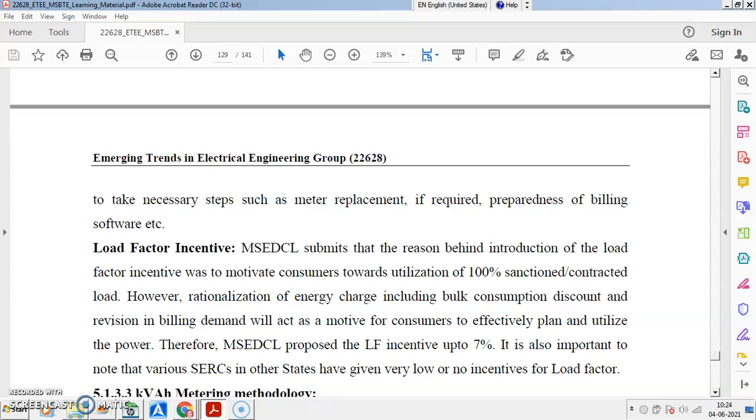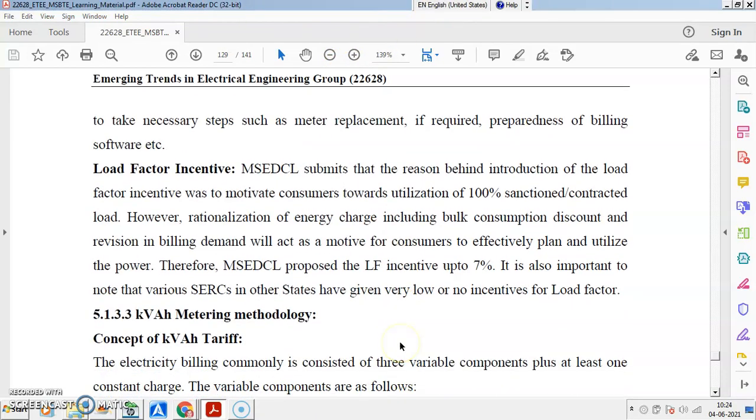If you are maintaining your contract demand more than 70% or 80%, that is, your contract demand is 100 kVA and you are utilizing 70 to 80 kVA on average, you may have the load factor incentive. That is given only by MSEDCL, which gives you around 7% of your billing. So the load factor incentive can be implemented for maintaining the load factor. When you are maintaining the load factor, somehow you are making the system stabilized.